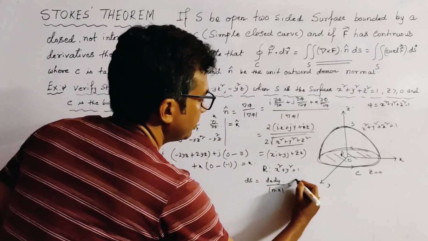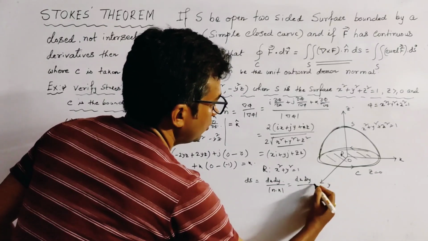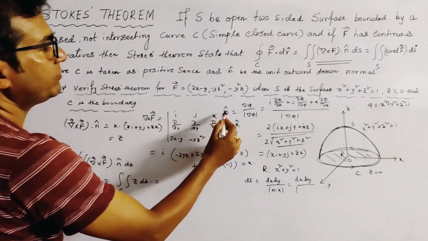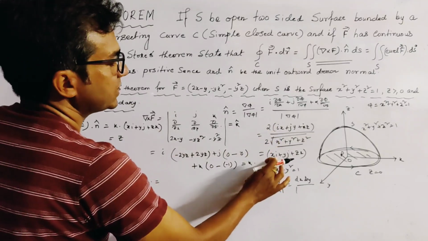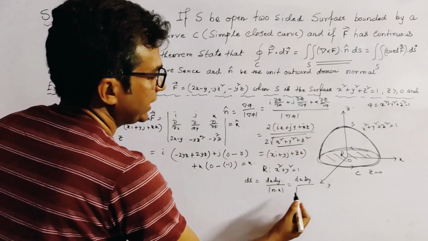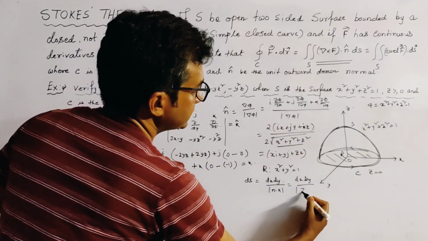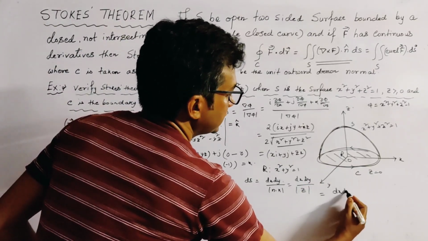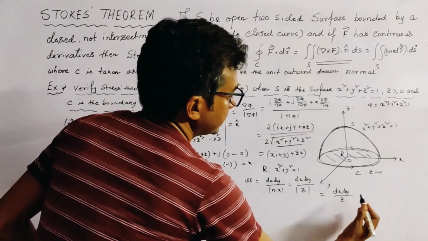This is dx dy by mod of (xi plus yj plus zk) dot k, and this is obviously z, so this is dx dy by z.